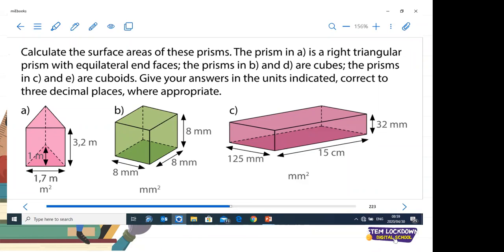Can we now calculate the surface area of the triangular prism?